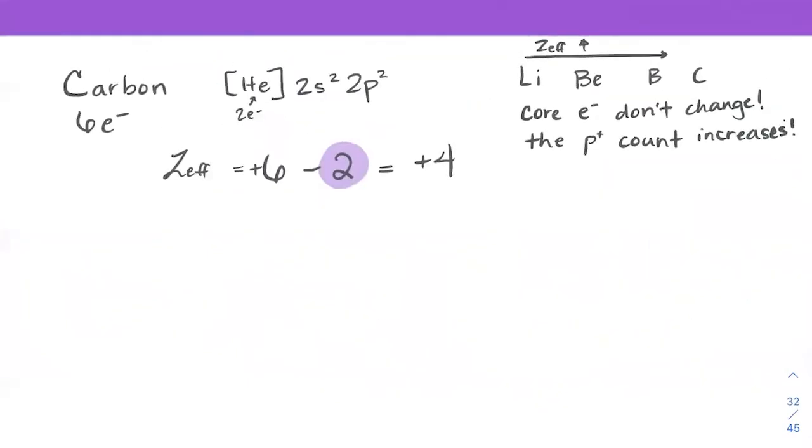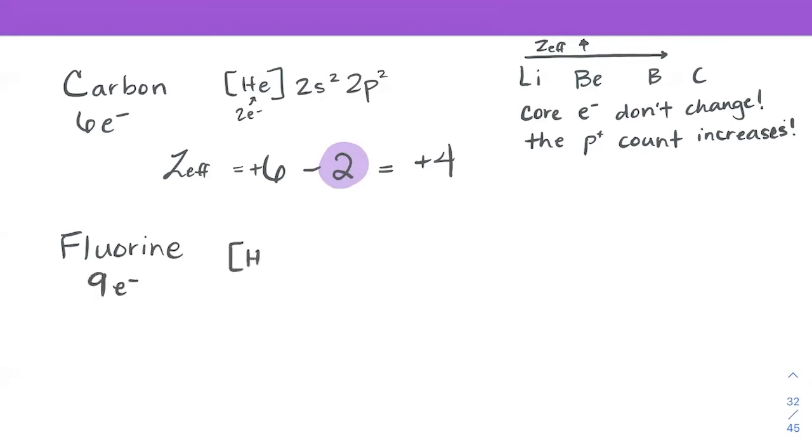So it's very important to note, as we move from left to right, we're increasing the number of valence electrons. That does nothing to our shielding. We are increasing the number of protons, and therefore we are increasing the overall Z effective. Very, very powerful. We'll do the last one, fluorine, in that row. Fluorine has 9 electrons.